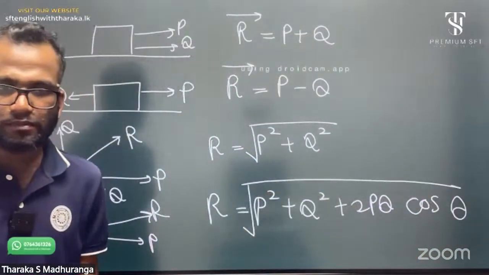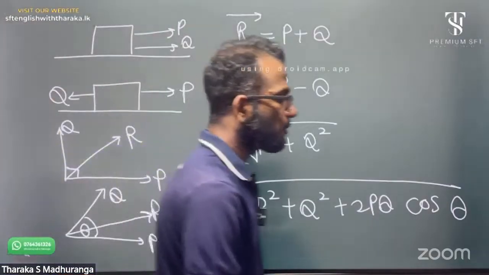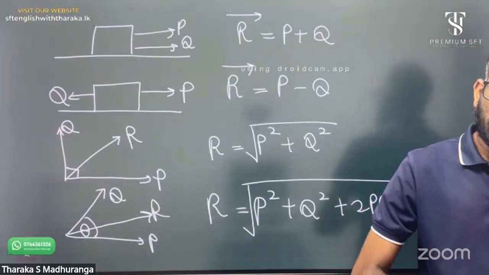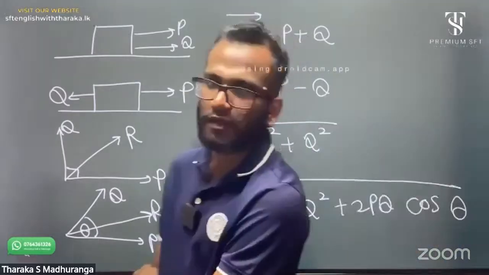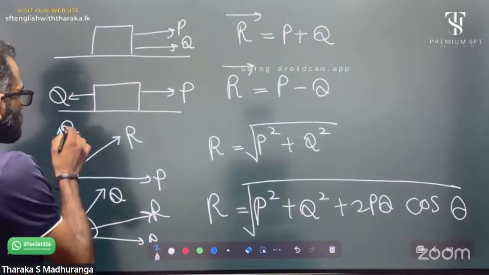Do you remember? R equals the square root of P squared plus Q squared plus 2PQ cos theta.